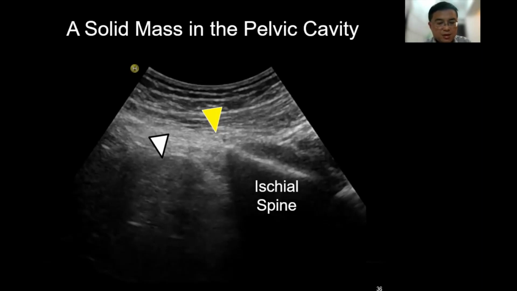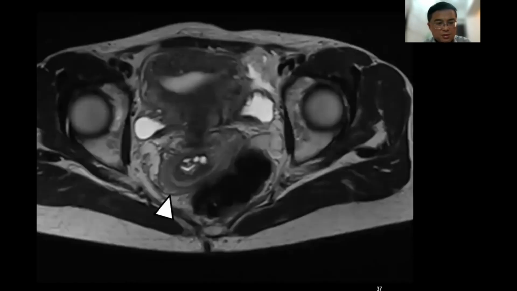So what is the mass? Actually, this is not a mass. This is the uterus. As you can see, the patient had a deviated uterus, and unfortunately, the deviated uterus compressed the pudendal nerve and caused symptoms.